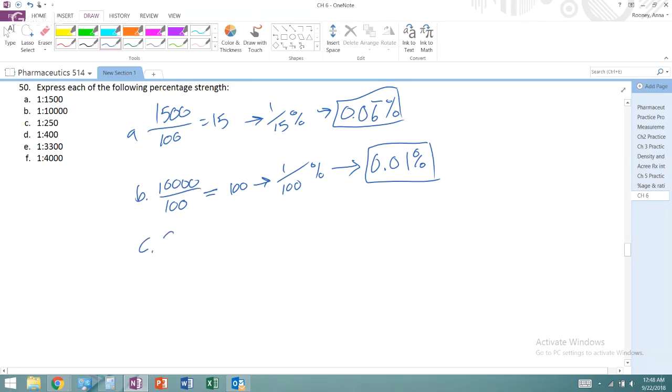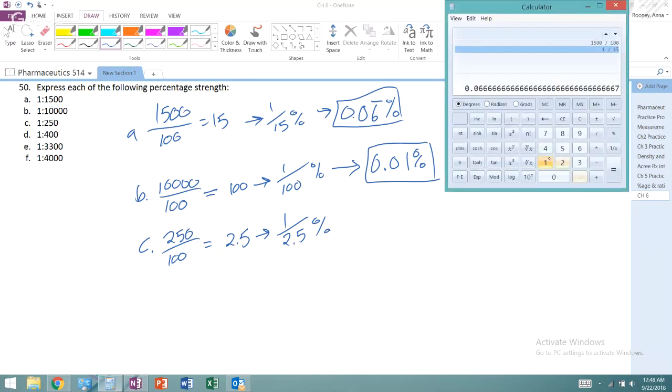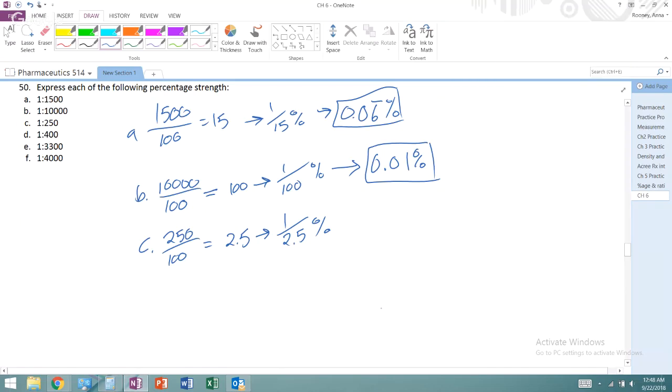And C is 250 by 100. It's 2.5, 2.5%. What?